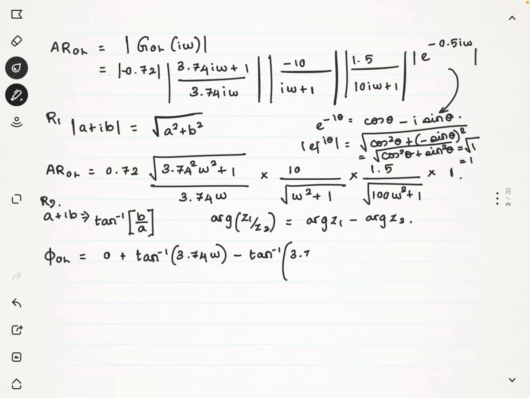B is 3.74 omega, and we don't have a real part, so by 0.